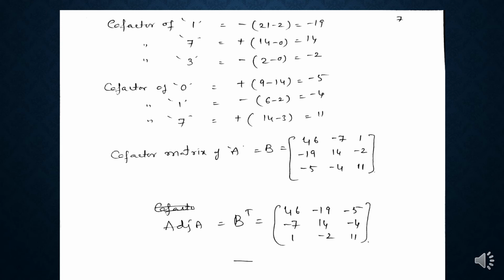By interchanging the rows and columns of a matrix, we get the transpose. Here the first row 46 minus 7 1 becomes the first column, the second row minus 19 14 minus 2 becomes the second column, and the third row minus 5 minus 4 11 becomes the third column. So this is the adjoint A of the given matrix.